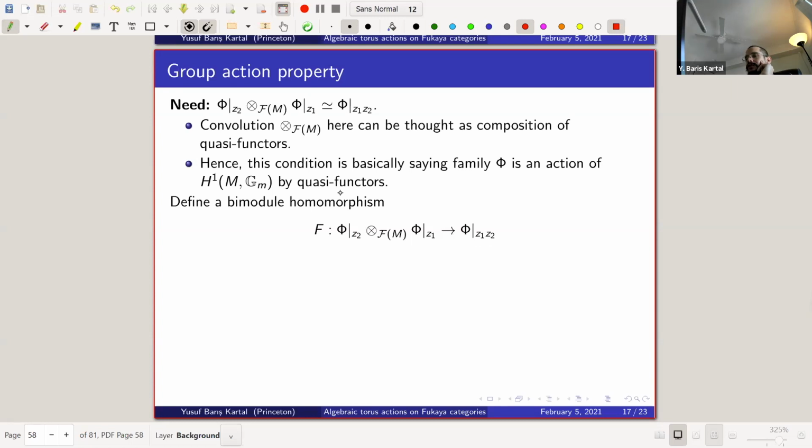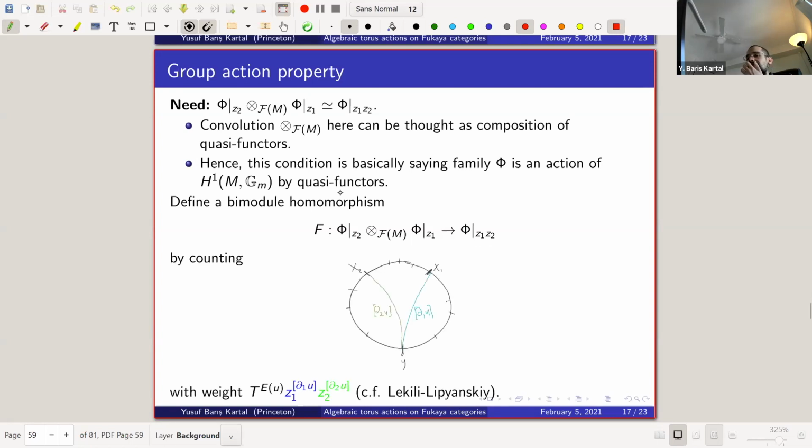So I need to show this, and so I will define a bimodule homomorphism, or you can think of this as a natural transformation if you want. How do I define it? If you are familiar with Lekili-Lipyanski, this is geometric composition in quilted Floer homology.